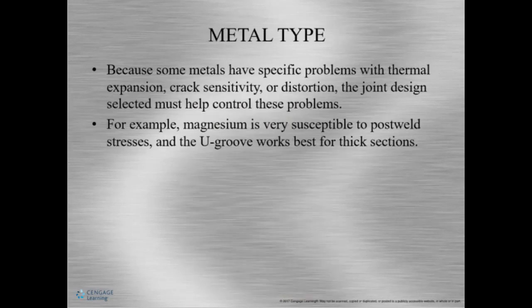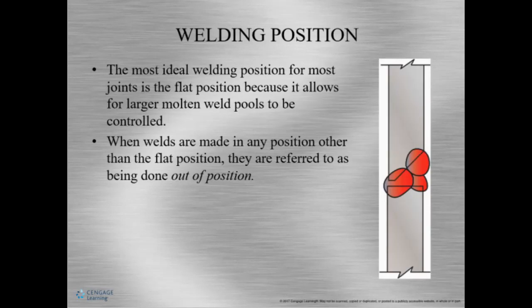So different types of metals have different characteristics. Some have high thermal expansion, like aluminum, or others crack or distort once they're welded. So we also may need to take that into account for our joint, if the joint can be ductile at all. And then welding position.